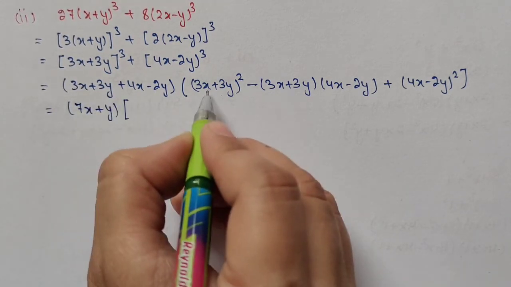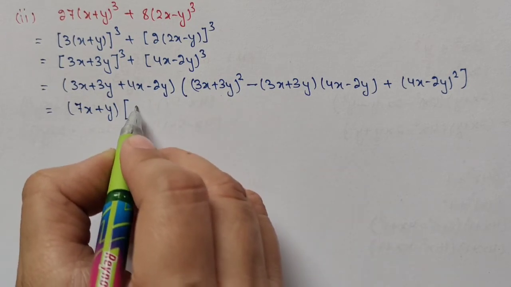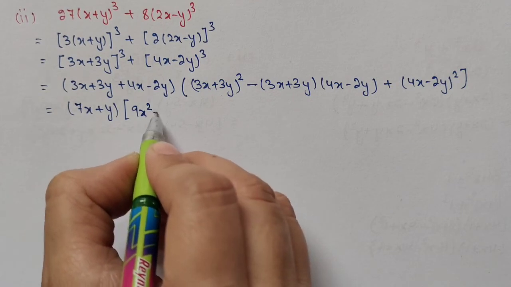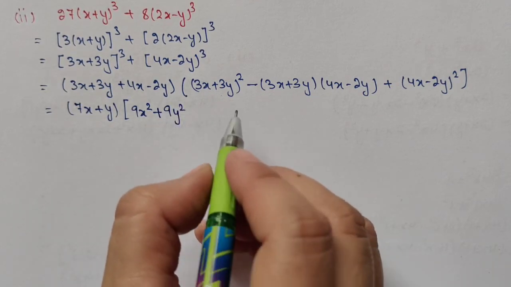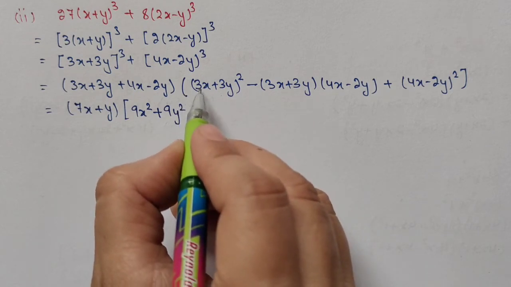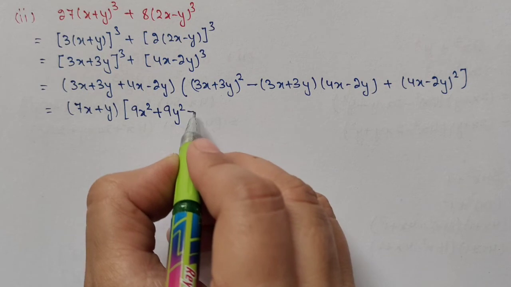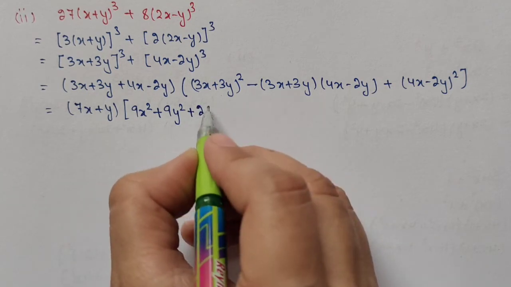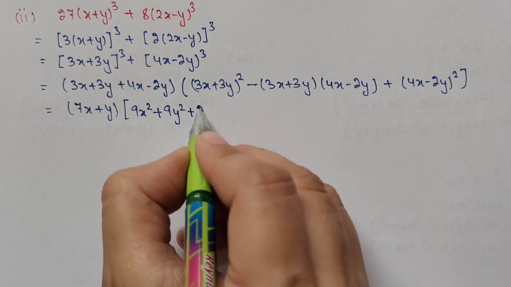Now we will expand this with the help of (a + b)², which is equal to a² means 9x², plus b² means 9y², plus 2ab. 2 into 3x into 3y: 3 into 3 is 9, and 9 into 2 is 18xy.